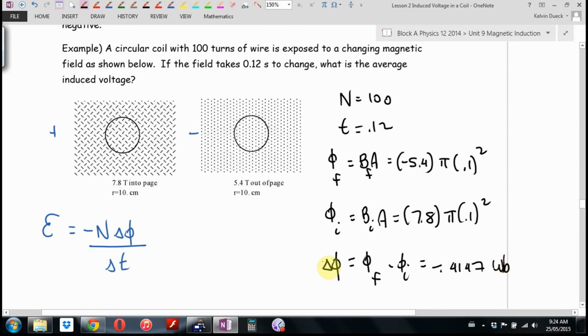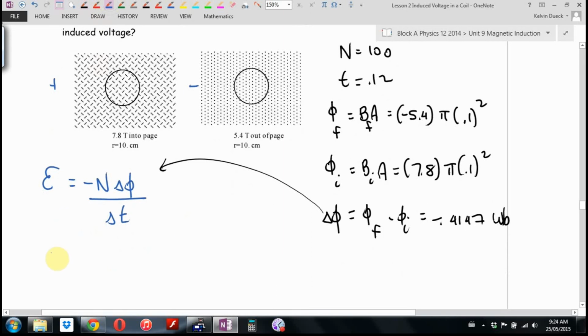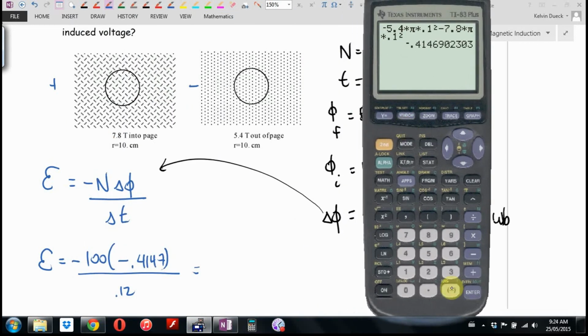So that's going to go over here. Alrighty. The induced voltage is going to be negative 100 times negative 0.4147 divided by 0.12. Negative 100 times answer button divided by 0.12.